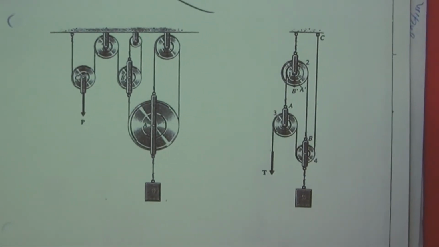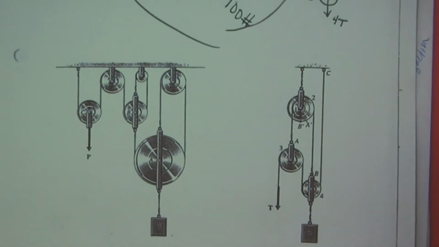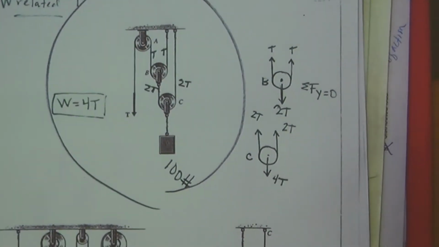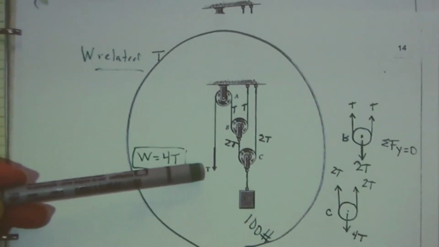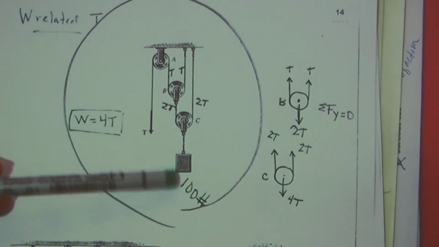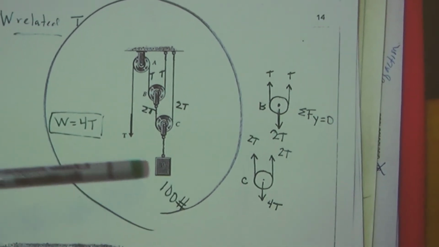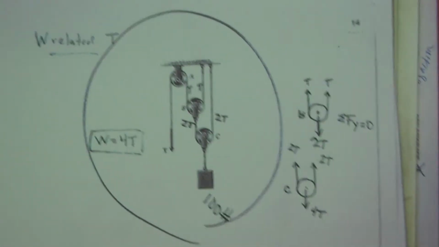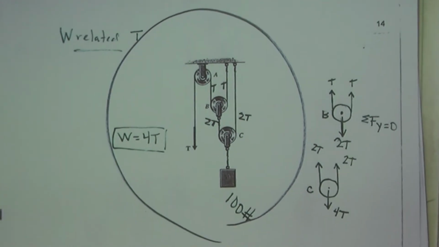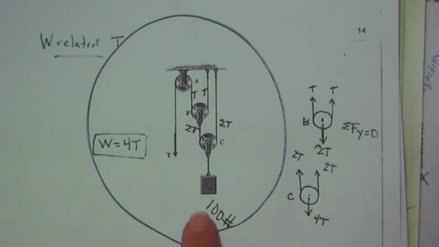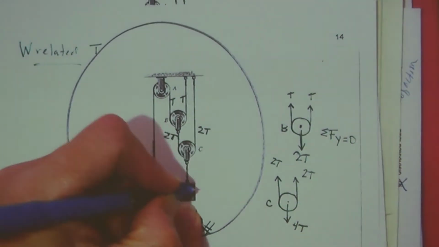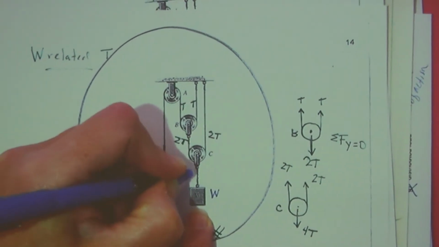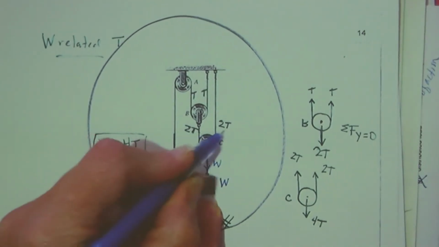So you always have to choose where to start. And it doesn't really matter where you start, but sometimes it's just a little bit easier if you start at a certain point. I started here with T, but I could have started with the weight if I wanted. Let's go backwards on this one. If I started with the weight of W, right here, and the weight is coming down here, what would these have been?